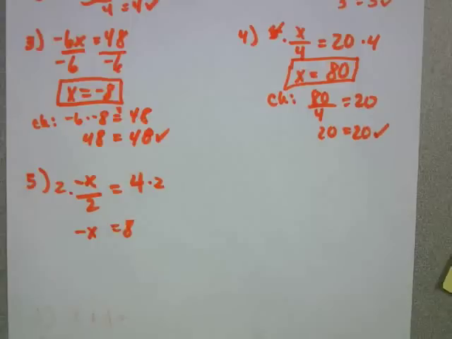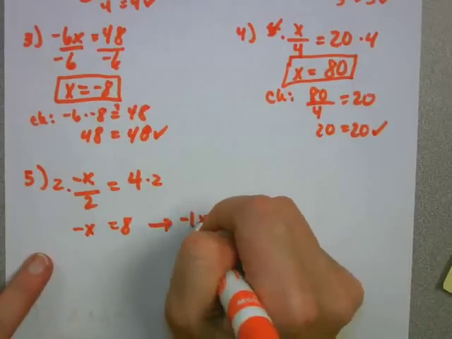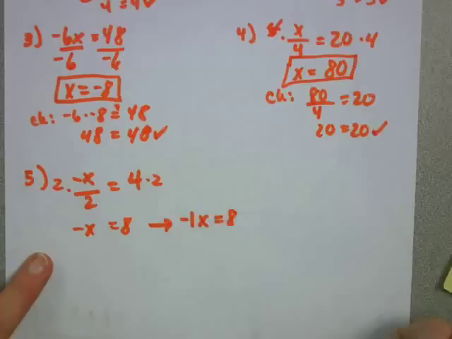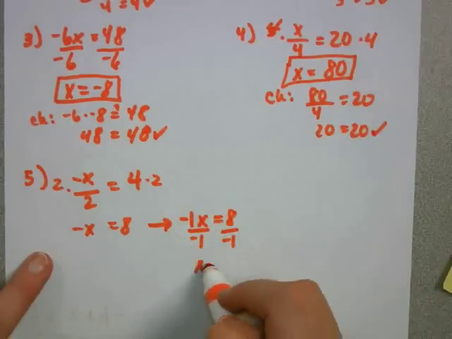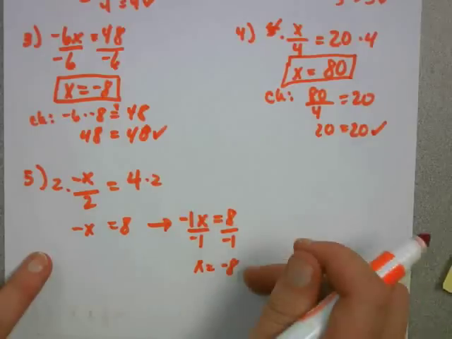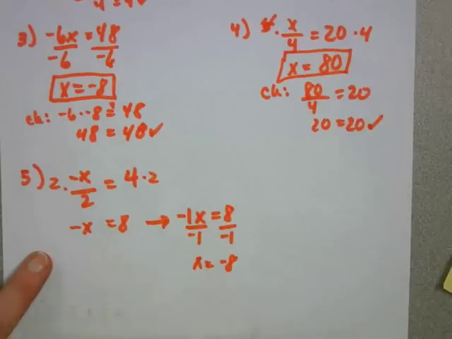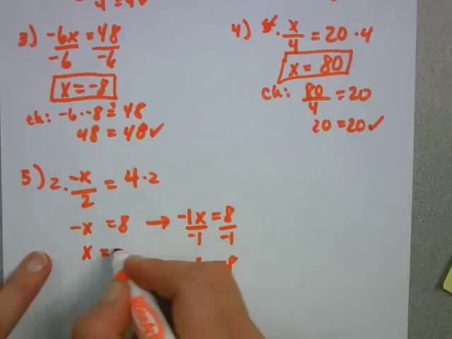Another way to rewrite this same thing would be negative 1x equals 8. So really what you could do at this step is divide by negative 1, and x is going to be negative 8. If you don't want to think of it that way, you can also think of what is the opposite of negative x. It's x. But whatever I do to one side, I have to do to the other. So x is negative 8.